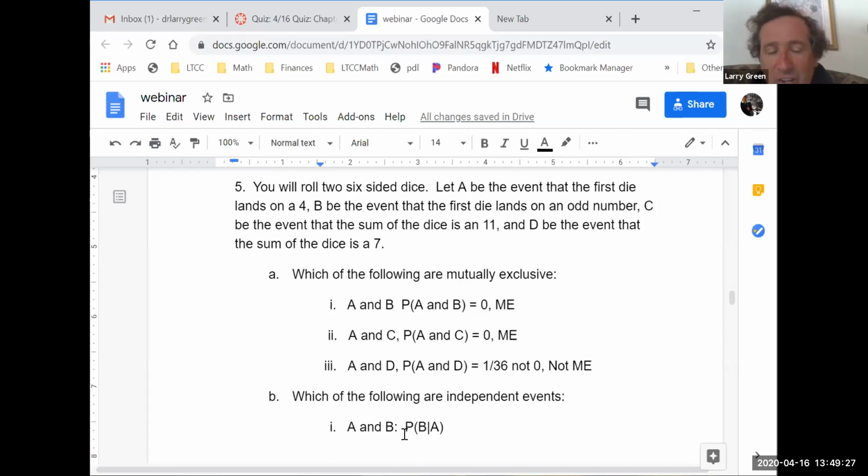Now that we're told that, what's the probability it's odd? Zero. But the probability of B is just the probability that we have an odd number.